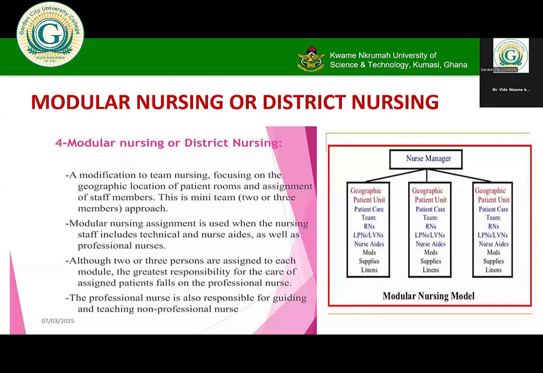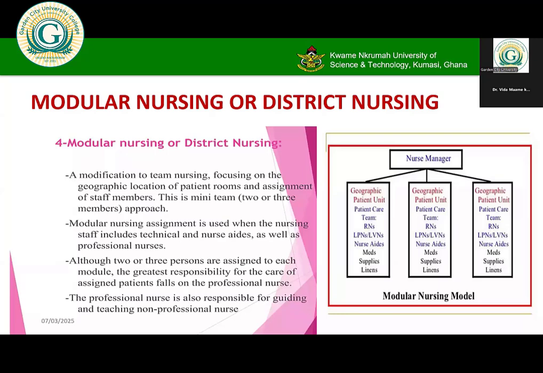As I said, the client's unit is divided into modules. That's called modular. So in geographic location, into modules or districts, as you can see, modular nursing or district nursing. And the same team of caregivers is assigned constantly. So we have our own team, assigned constantly to the same geographic location.